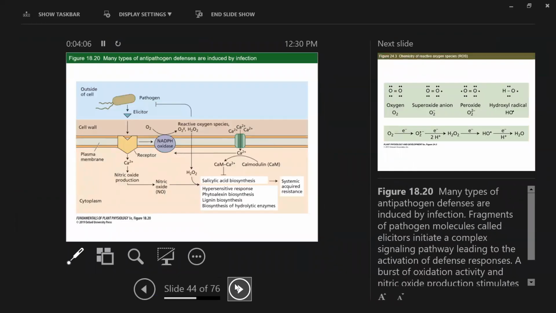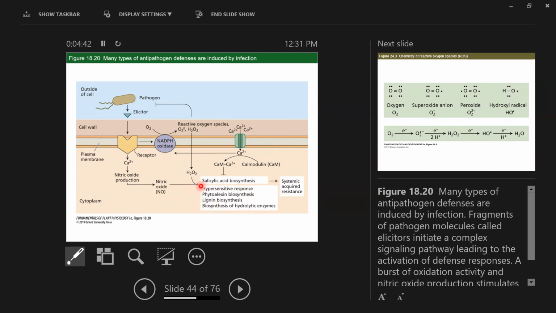This one, figure 18.20. Again, this is a very big picture overview of different strategies that the plant can do. The plant will actually upregulate its reactive oxygen species, which is a good thing. That's capable of allowing the plant to defend itself, fight back. It's kicking in signaling pathways to allow for some of these other things to happen that you see in the white box.